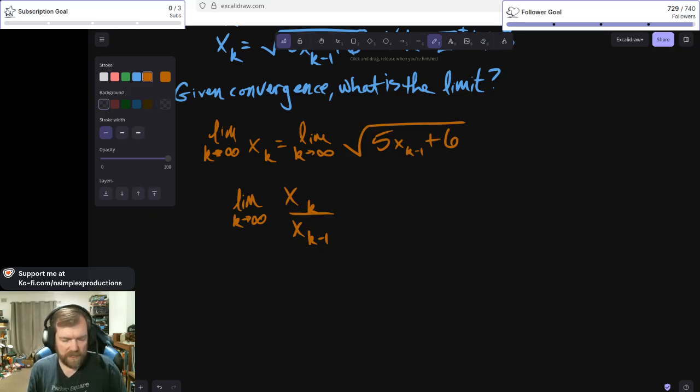And specifically, as k goes to infinity, is that trend going to be like a continuous multiplier? So are we going to get a particular number, like 2, for example? 2 would be the constant multiplier of y equals 2 to the x, or any of its family of functions. So here we want to go with the same sort of thing. We want to know if there is a connection between x sub k and x sub k minus 1. And if there is, what that is going to be.